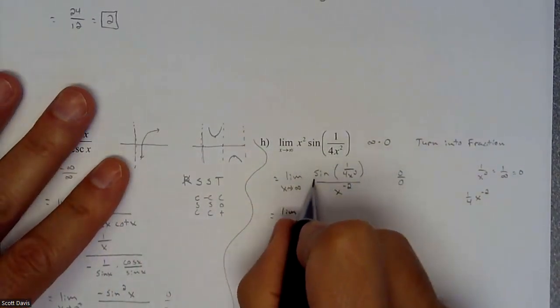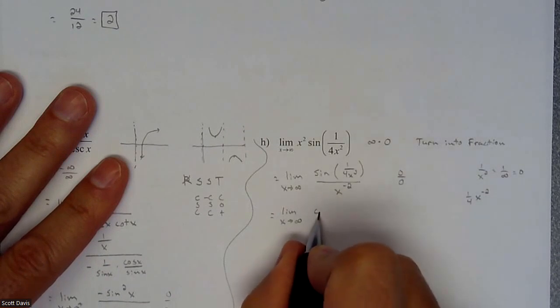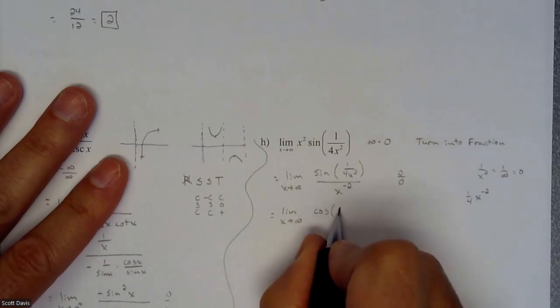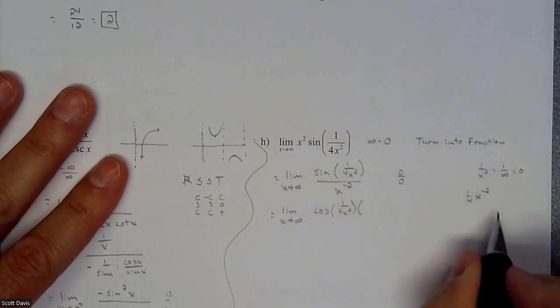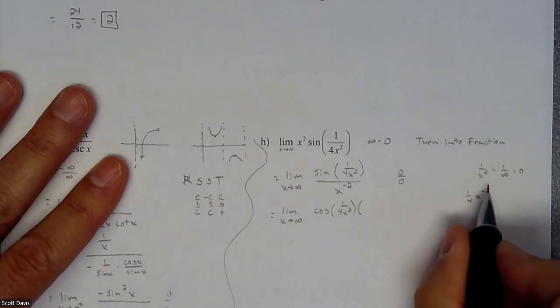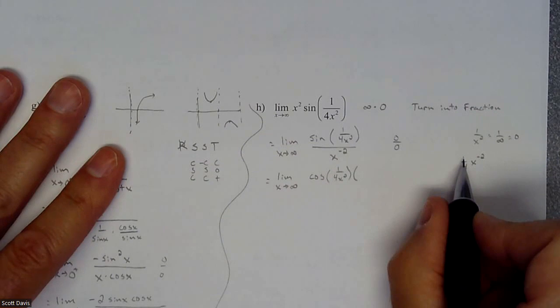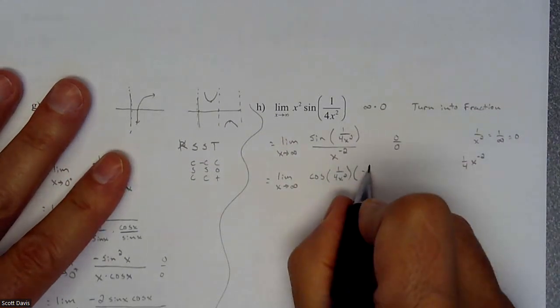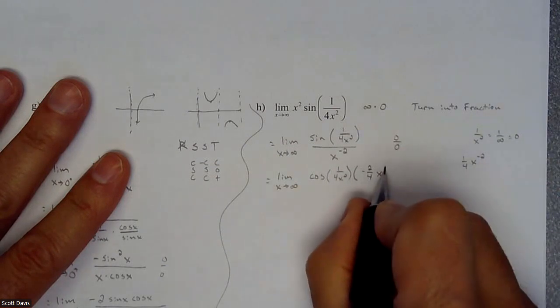So when I do the derivative of this, I'm doing the derivative of the outside, which is cosine of 1 over 4x squared, but then times the derivative of the inside. It's easier to think of it like this. So the derivative of the inside would be a negative 2/4 x to the negative 3.